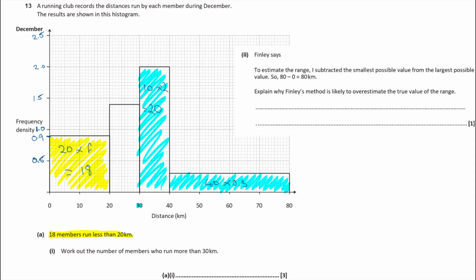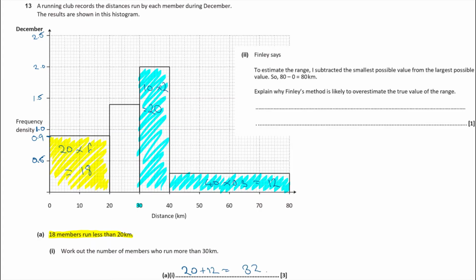So that's 40 times 0.3, which is 12. So there are 12 runners in that section. Okay, so the number of members who run more than 30 is 20 plus 12, which is equal to 32.